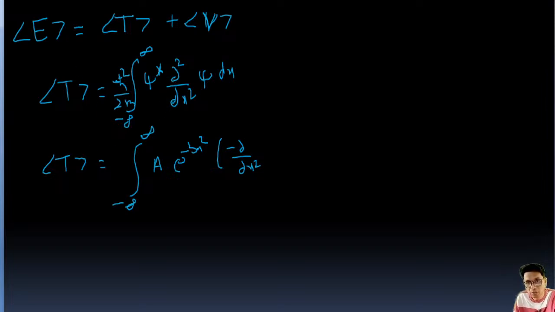So this is going to be minus h cut square upon 2m d upon dx, d square upon dx square, e to the power minus bx square.